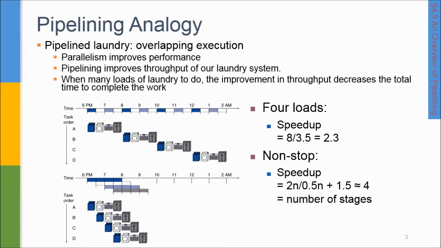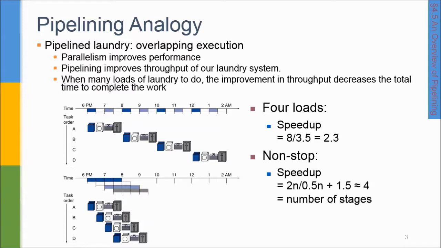When folding is finished, put the clothes away in the cupboard. So these are the 4 steps normally performed during laundry. When one load is over, then start over with the next dirty load.